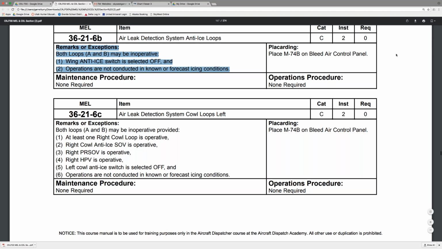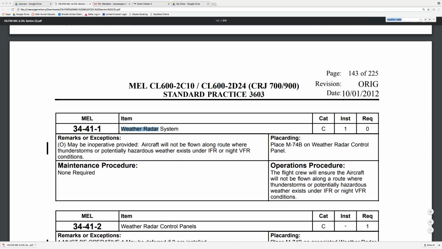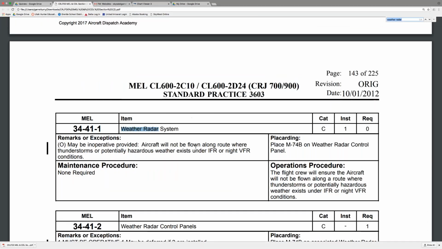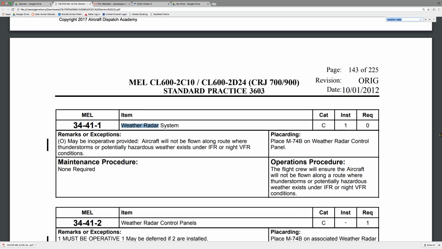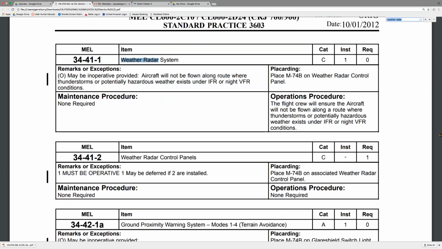But another thing you can do is use the Control F function when searching these manuals. If you hit Control F and type in weather radar, it will pull up the weather radar system. So there's the weather radar MEL right there, 34-41-1, and there's the restriction associated with it.